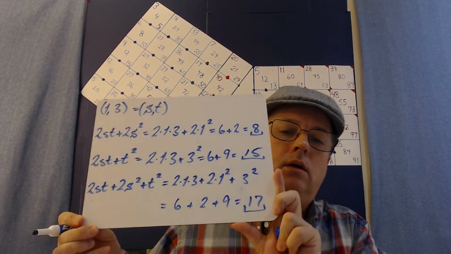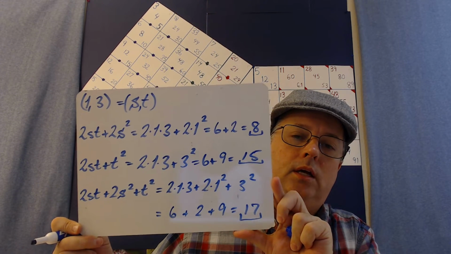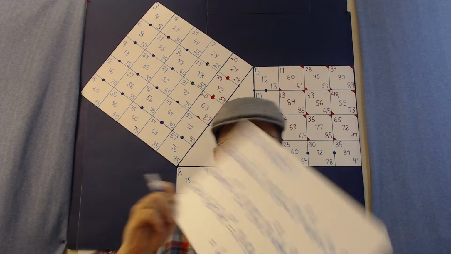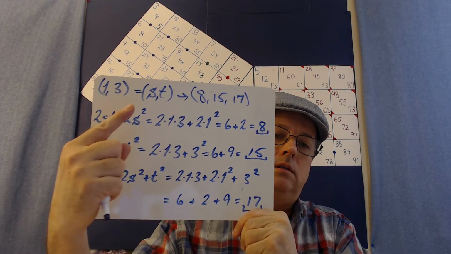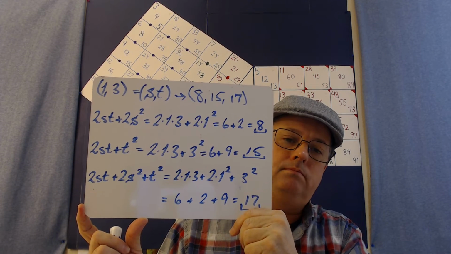Okay, so 1 comma 3 for s and t gives us another primitive Pythagorean triple. That's the 8, 15, 17. Okay, so let's establish on our slide that these s and t values give us the 8, 15, 17 Pythagorean triple.